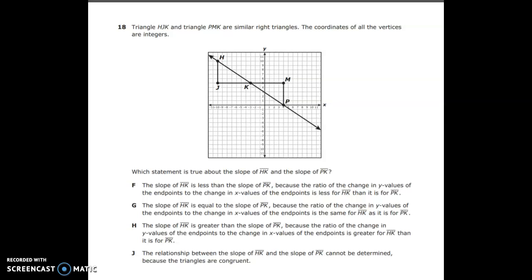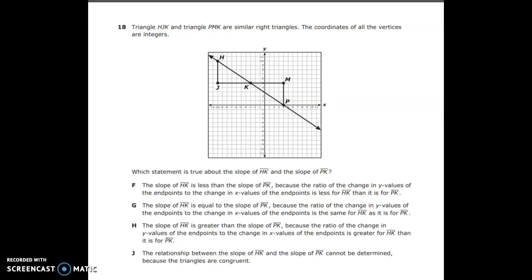The slope of HK is less than the slope of PK because the ratio of the change in Y values of the endpoints to the change in X values of the endpoints is less for HK than it is for PK. The slope of HK is equal to the slope of PK because the ratio of change in Y values of the endpoints to the change in X values of the endpoints is the same for HK as it is for PK.